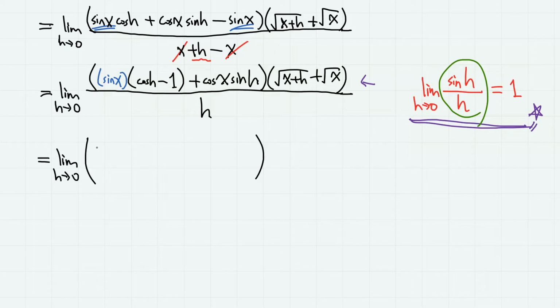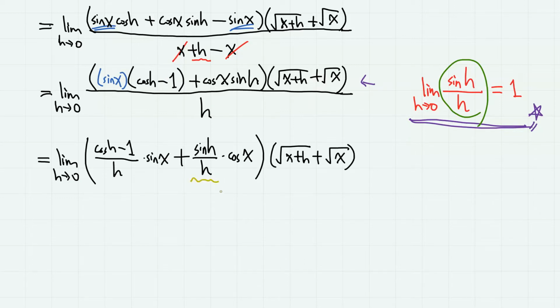So first let's write (cosine h minus 1) over h, then we have times sine x. And for the second part, let us write sine h over h, then we have cosine x. So we have sine h over h right here.